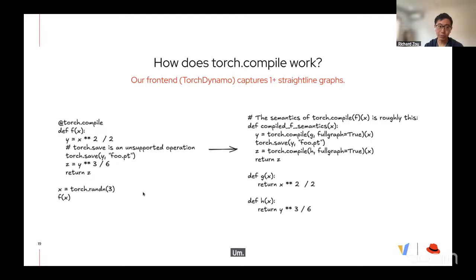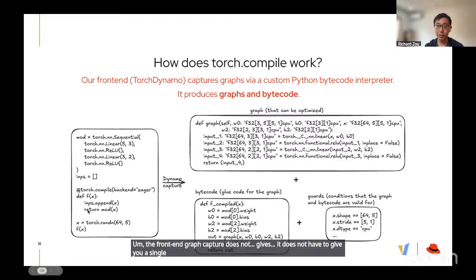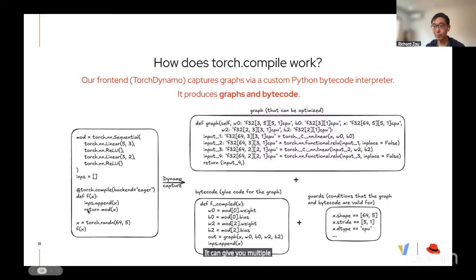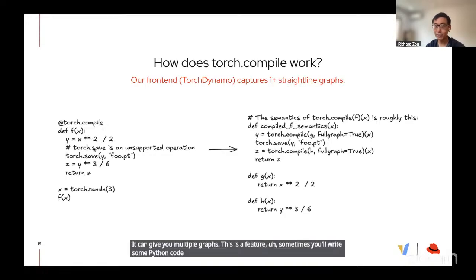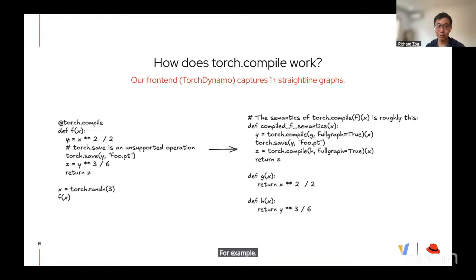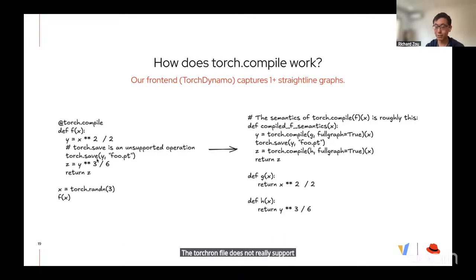The front-end graph capture does not have to give you a single graph. It can give you multiple graphs. This is a feature. Sometimes you'll write Python code that has things that are just not supportable. For example, you've got this function, you're doing some tensor operations, you're calling torch.save, and then you're doing some other tensor operations. Torch compile does not really support disk IO operations.